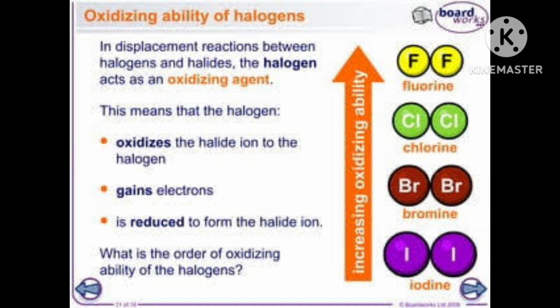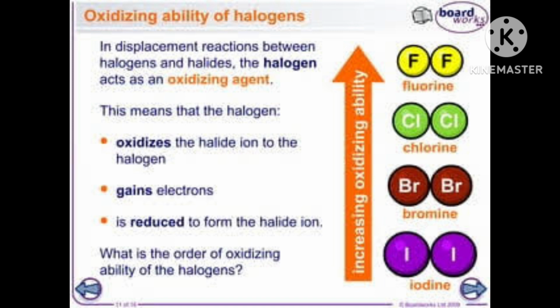You can understand the reaction like this: F2 + 2X⁻, where X⁻ is a halide ion like Cl⁻, Br⁻, I⁻. It gives 2F⁻ + X2, where X is chlorine, bromine or iodine.